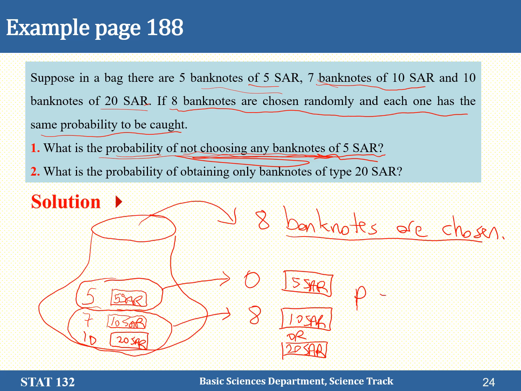The probability is equal to the combination 5 choose 0 times the number of ways of choosing 8 out of 17.